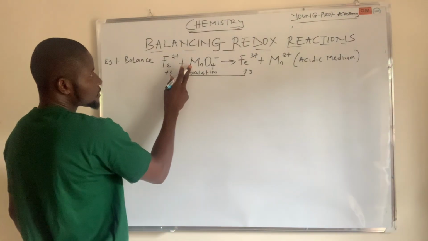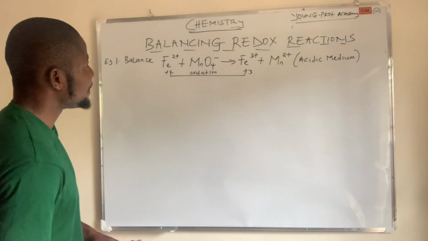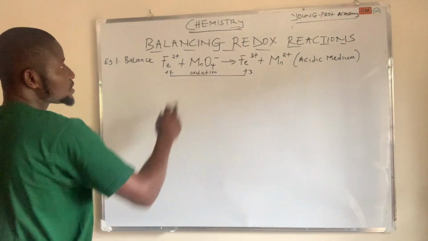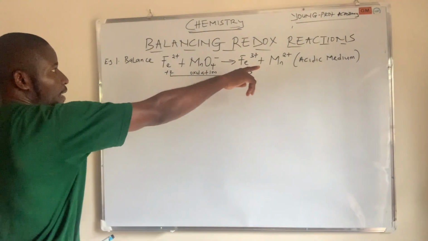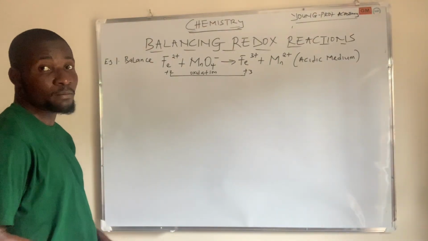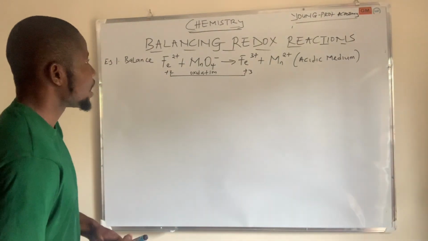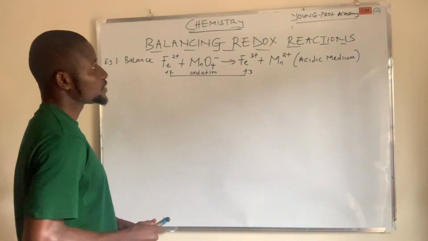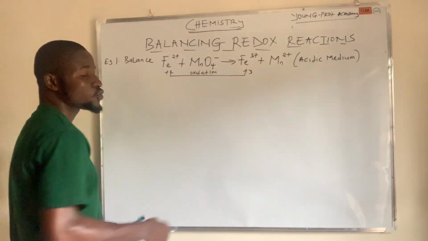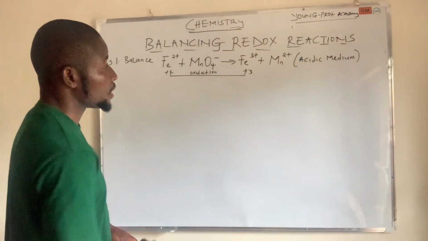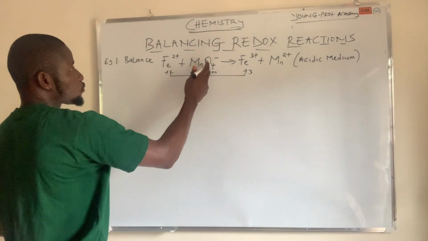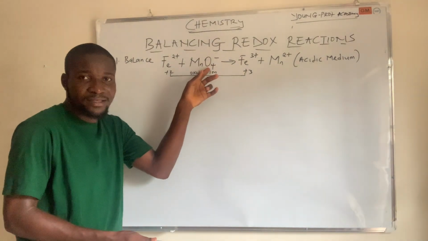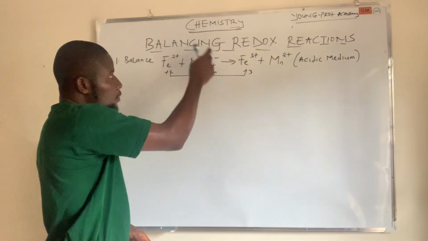Whereas, if you look at this, we have manganese here, which is in this oxide, and we have a manganese ion here. Definitely, we have to work out the oxidation number of the manganese. If you look at this, this is oxygen, and it is tetratomic here, and oxygen is always -2 in compounds like this. So 4 × -2 is -8. So what will I add to -8 to make the oxidation number of this radical equal to -1?